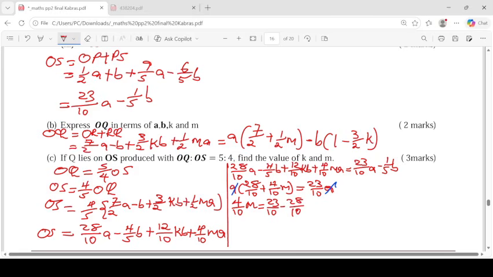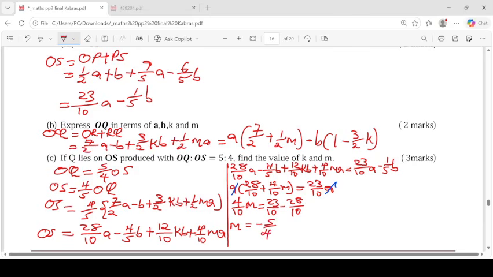So when you look at it well, my M will be, first of all, 23 over 10 minus 28 over 10, that is negative a half, divided by 4 over 10. This is M is negative 5 over 4.